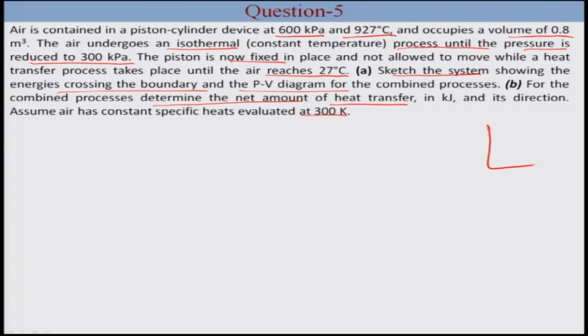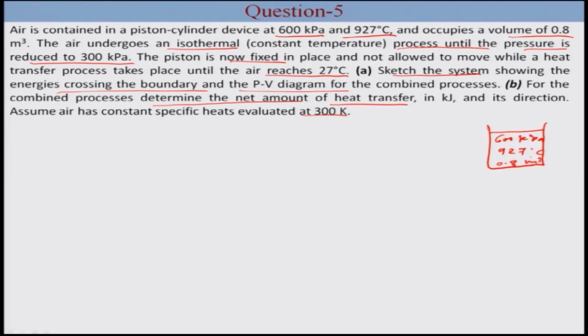So initially, air is contained in a piston cylinder device at 600 kilopascal. Temperature is 927 degrees centigrade and volume is 0.8 meter cube.